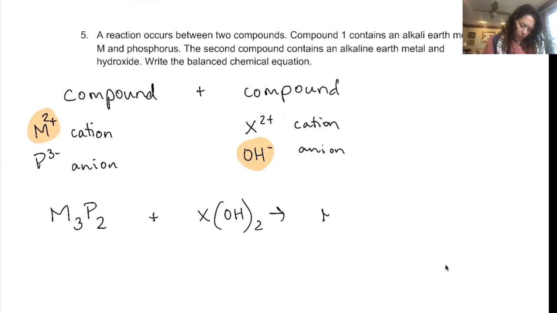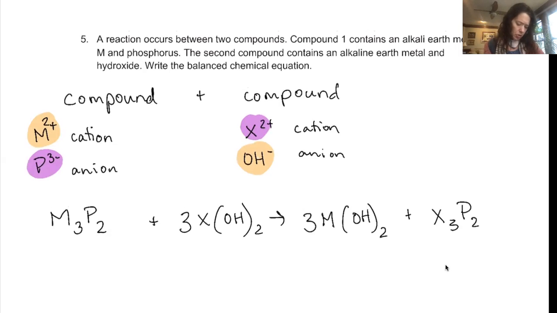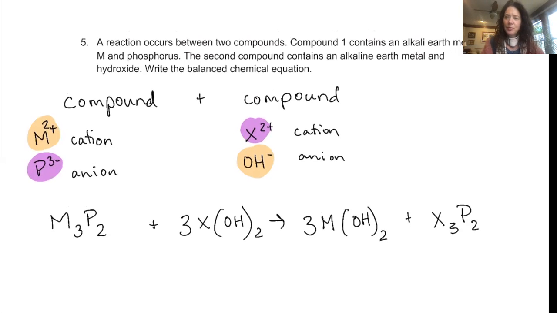So that's M(OH)2 plus, and then I'm going to put him with him, always positive first, X3P2, right? I've got 3 X's there, so I'll need a 3 here, I'll need a 3 here, and everything should be good. The only one that felt weird was that one a moment ago. I'm not sure what I might have done weird there.